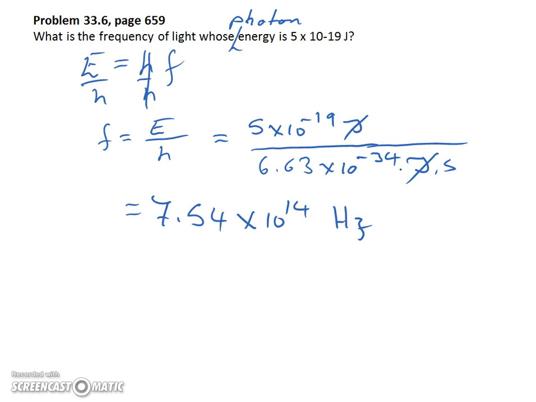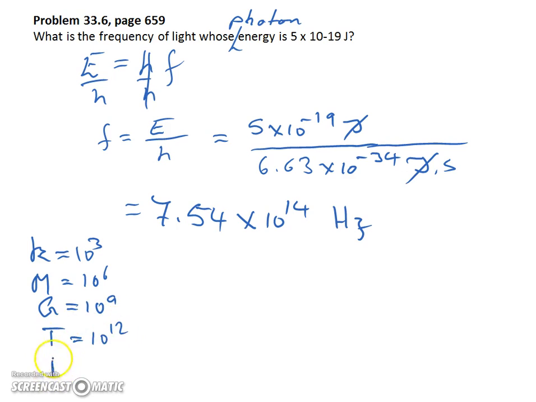And we could consider that problem to be finished, but we usually like to have nicer units than multiples of 10 to the 14. So let's just remember what the SI prefixes are. Kilo is 10 to the 3, mega is 10 to the 6, giga is 10 to the 9, tera is 10 to the 12, and peta is 10 to the 15.